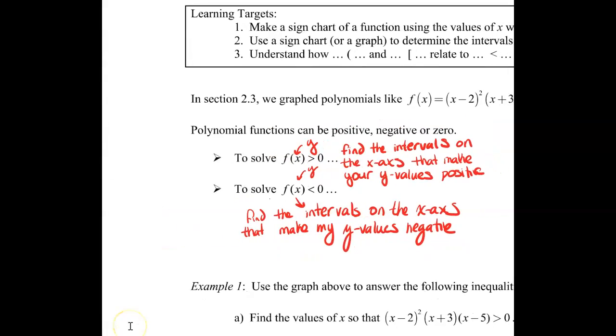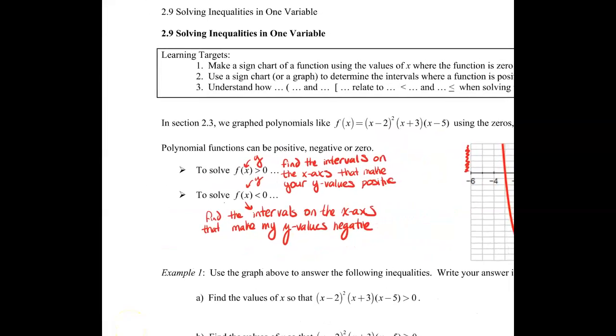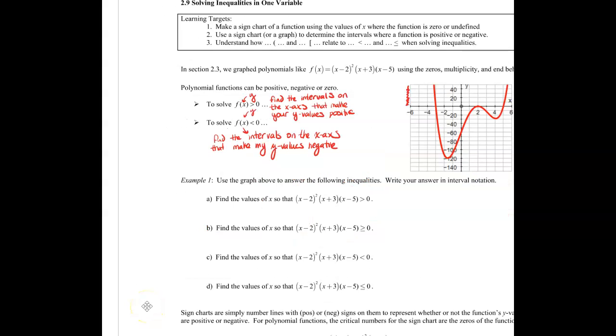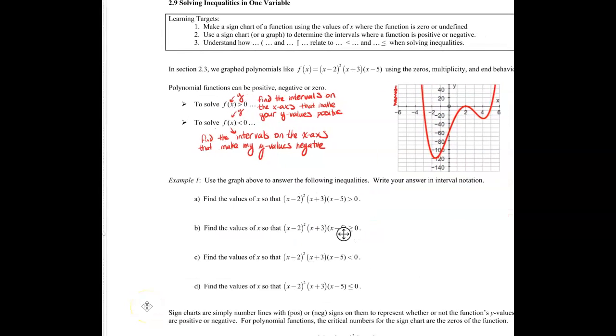So what I mean by that is it's probably going to end up looking like the domains that we've talked about already. So example 1 says use the graph above to answer the following inequalities.